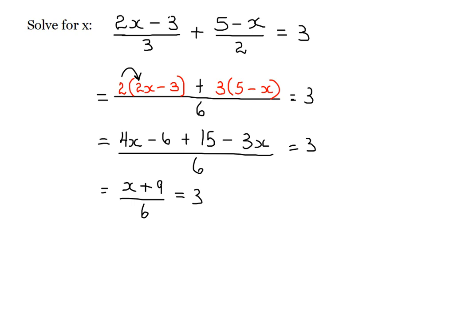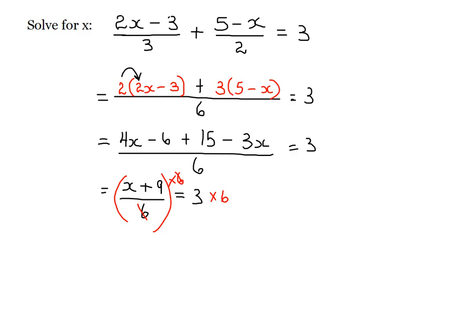In solving this equation, we're going to multiply both sides of my equation by 6 because I want to get rid of the denominator here. So let's multiply both sides of this equation by 6, and what that's going to give us is that on our left hand side, when we multiply by 6, it will cancel off the denominator on this side.